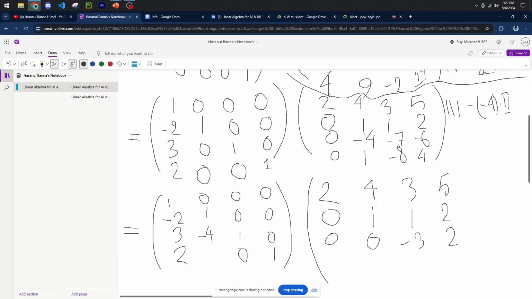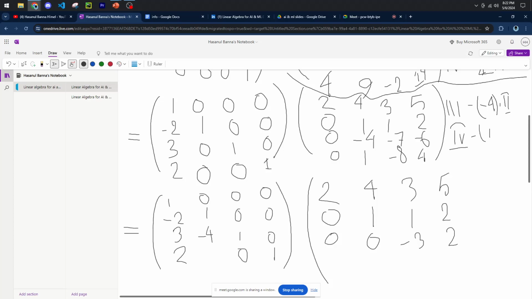For our last row, now we need to make this value 0 or null. So while we do this, we need to multiply our second row with 1 and subtract it with our fourth row.